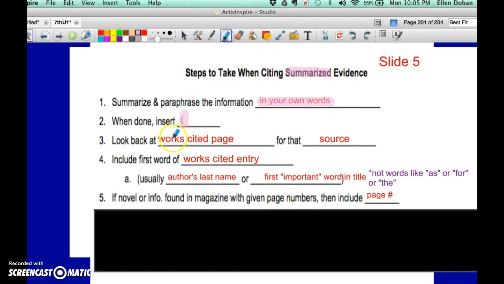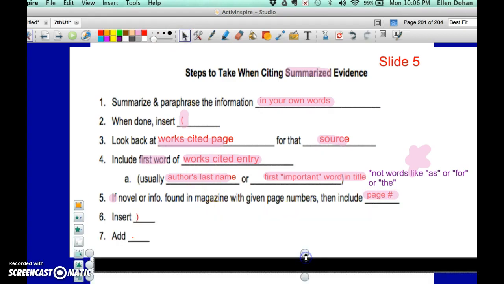We're going to look back at the works cited page and identify which source this came from. We're going to include the first word of the works cited entry, either the author's last name or the first important word in the title. Same note. If there are page numbers involved, like if it's a novel or a magazine, we would then include the page number.